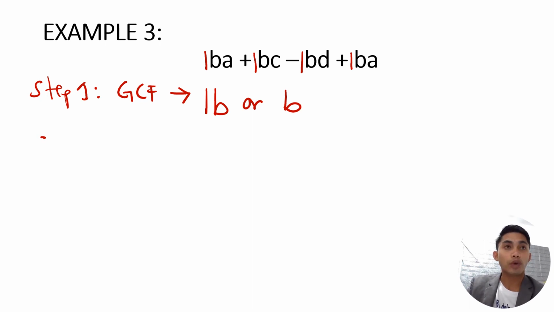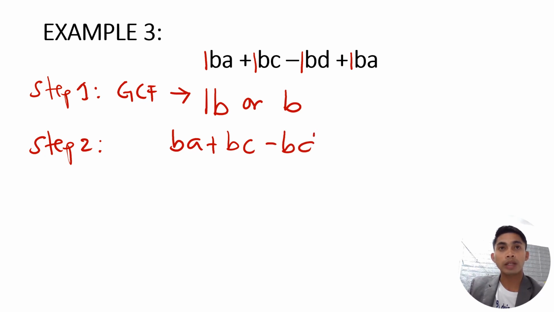Okay. For step 2, we need to find the other factor. So we need to divide the given example number 3, BA plus BC minus BD plus BE, by the GCF from step 1.